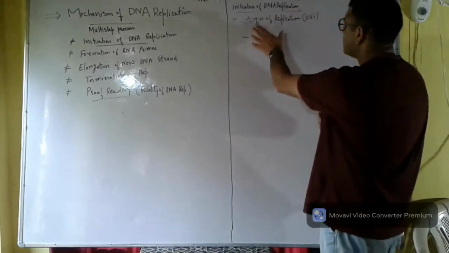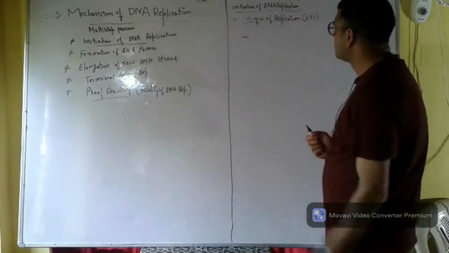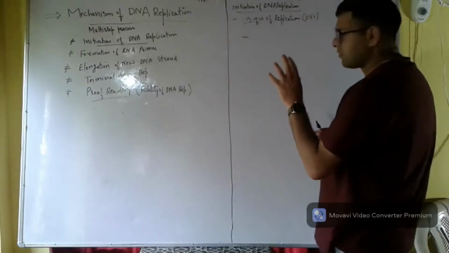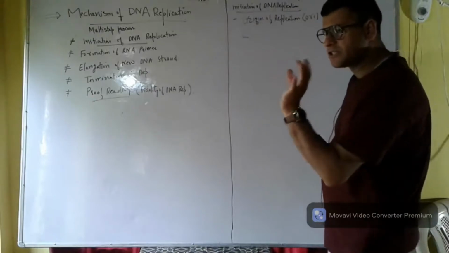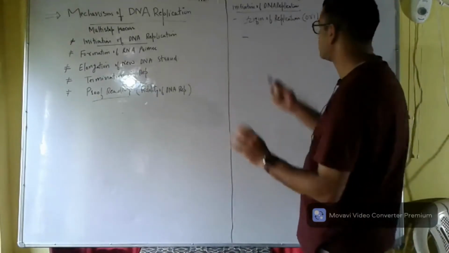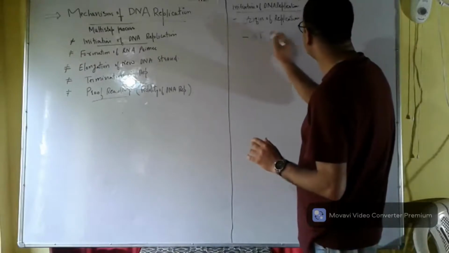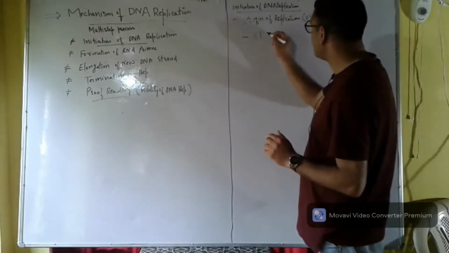And this origin of replication has a particular stretch of base pairs, adenine thymine. This ORI site is rich in adenine thymine.